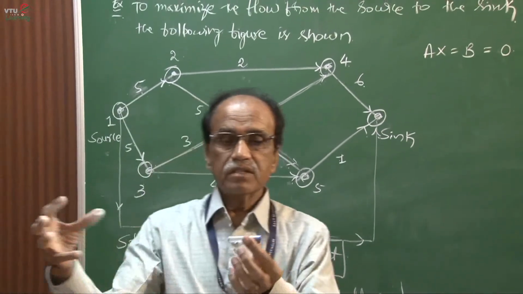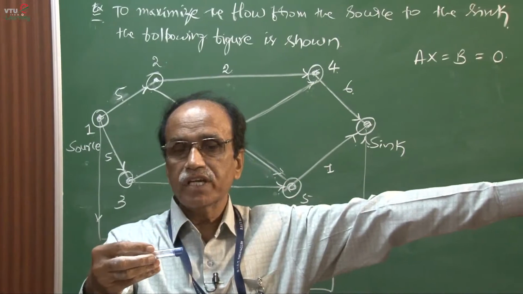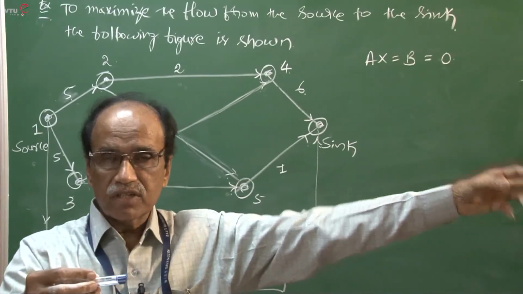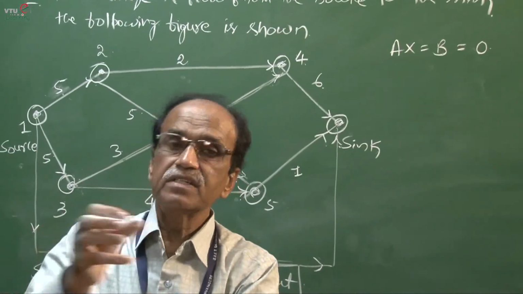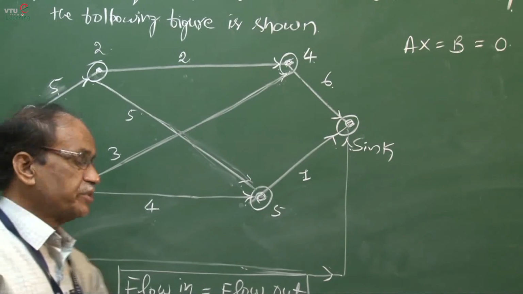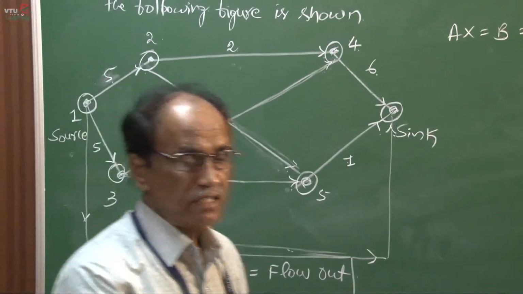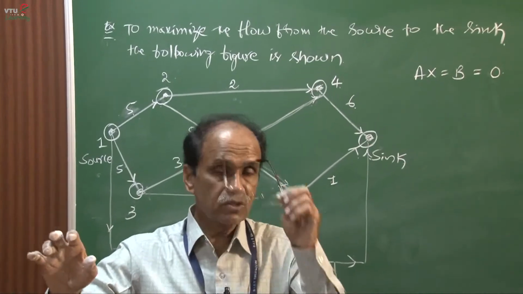So when the fluid enters into the pipe and fluid is going out of the pipeline network under the reference point, and the measurement, the flow in is the same as flow out, that preserves the conservation law. That is in pipeline network, that is also in Kirchhoff law, it also holds good.